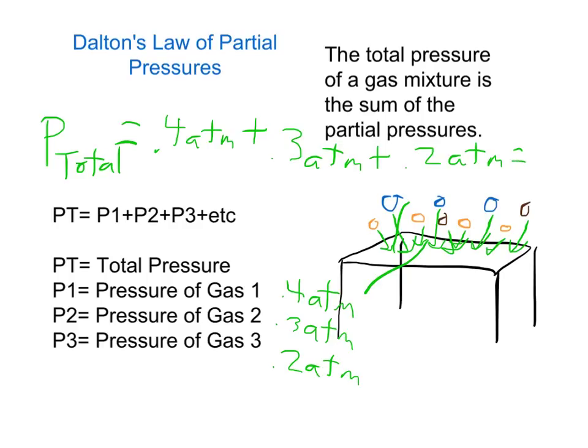And when you add this all together, it comes out to be 0.9 atmospheres. This is going to be the total pressure that the tabletop is feeling, because the three gases are all hitting it with a certain amount of pressure, but the total pressure on top of the tabletop because of these gases is 0.9 atmospheres.